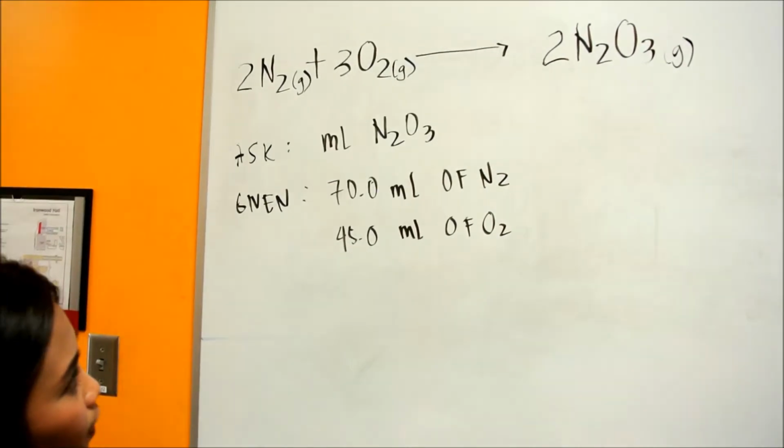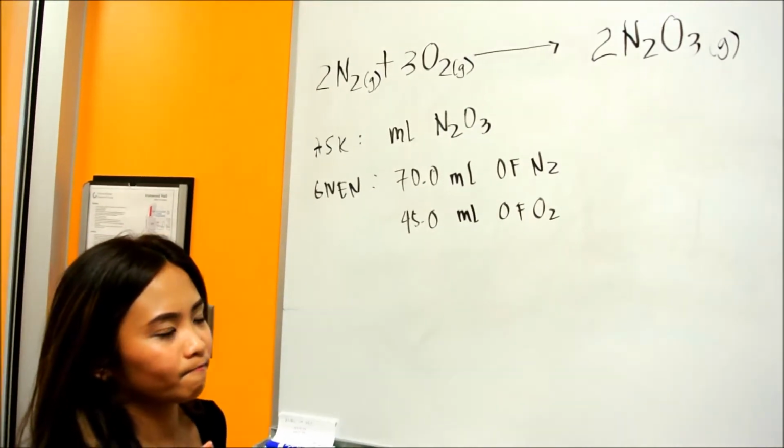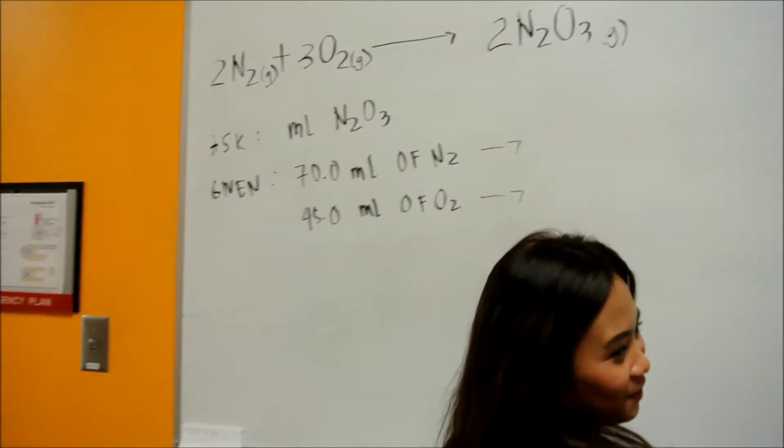So now that we have the given, we need to go back to the balanced equation to do our unit factors of the following reactants.